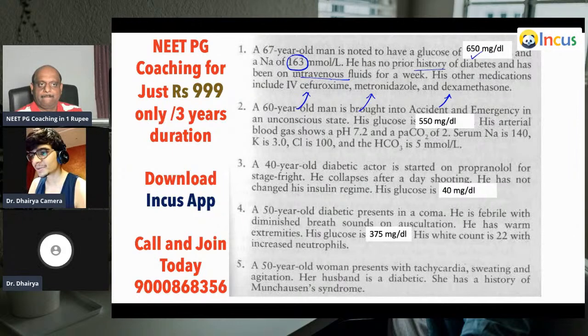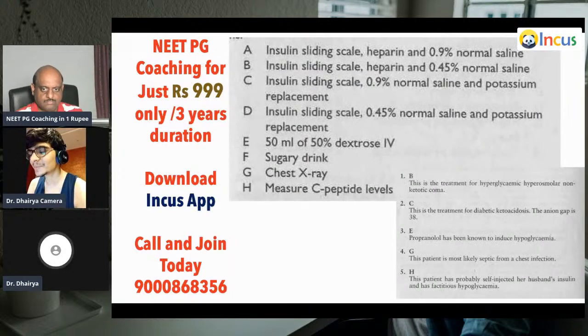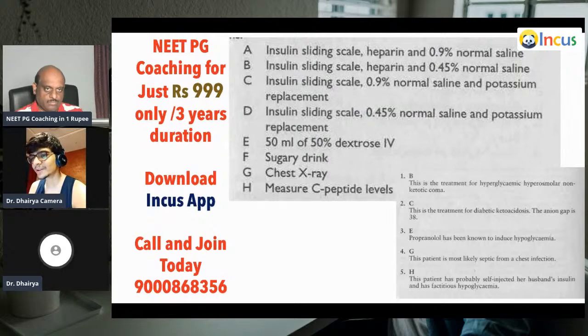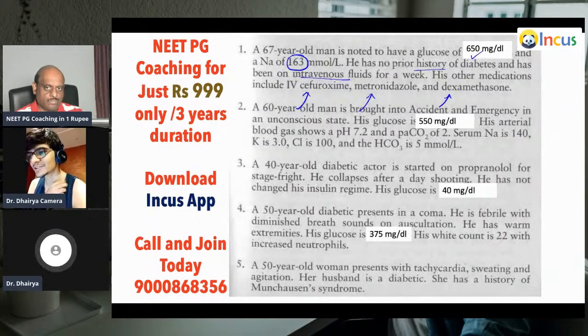Now, this patient who has come with a very, very high blood sugar level, along with that, he is having a high sodium level. So, this patient is having hyperosmolarity along with hyperglycemia. This patient is in HHS. What you have to do is to start the patient on 0.5 unit per kg per hour of insulin. You have to monitor the insulin levels. You have to bring the sugars down gradually.